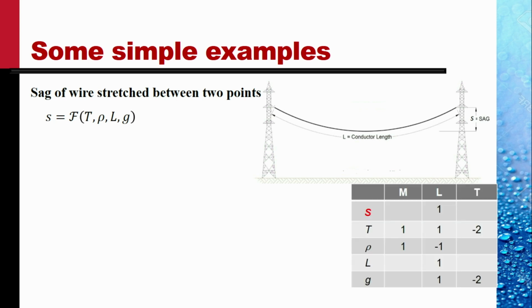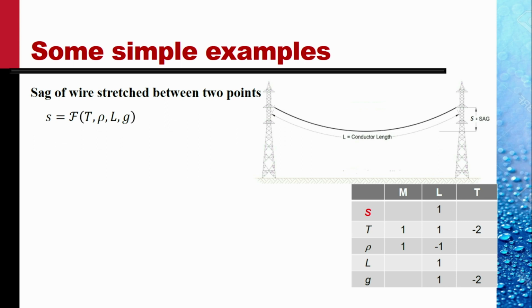The first step: we take all the parameters, the dependent parameter S shown in red, and T, rho, L, and g as independent parameters. We use the MLT system of dimensions and write the dimensions of these.